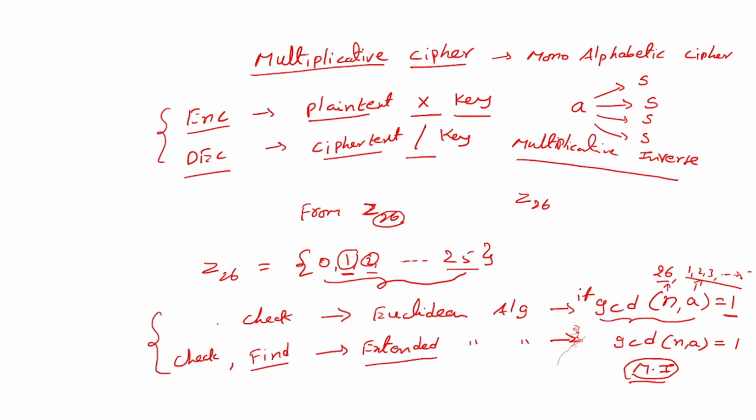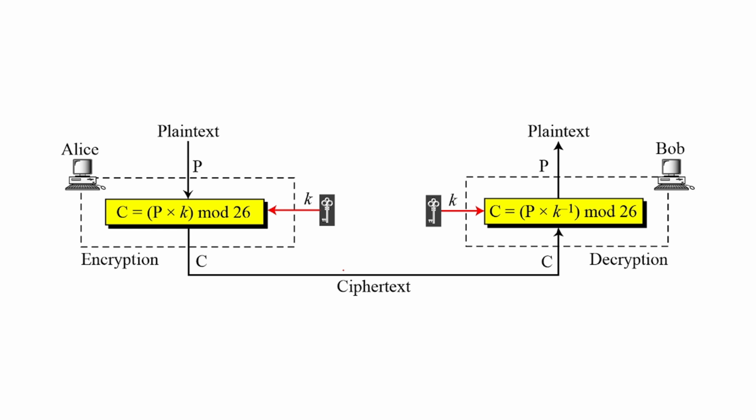So this is the basic information. If you want to know about multiplicative cipher, you must be aware of multiplicative inverse. So let's move on to the architecture. This is multiplicative cipher. Here at the encryption side we need to perform the multiplication operation, and at the decryption side we need to perform multiplication with the inverse of the key.